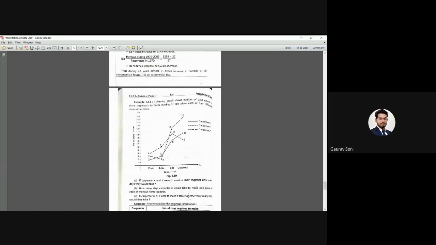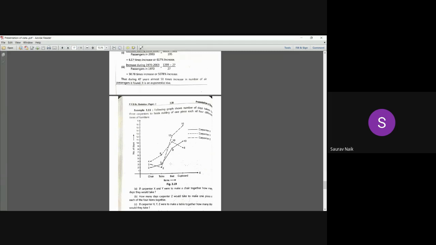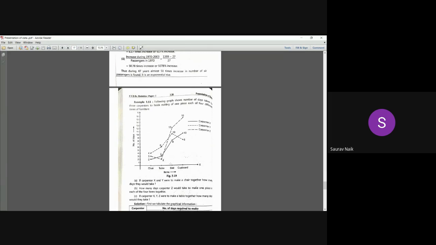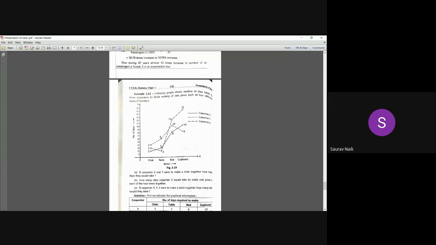To find the percent increase or decrease, we need to divide by the passengers which were there in the original year. Let me give a simple example for better understanding.